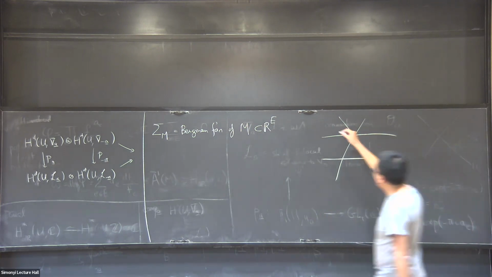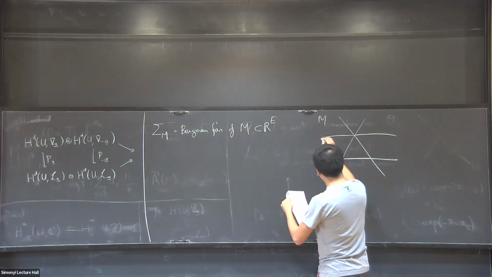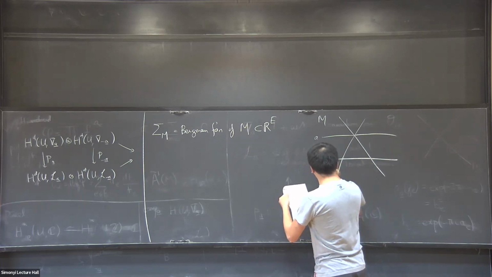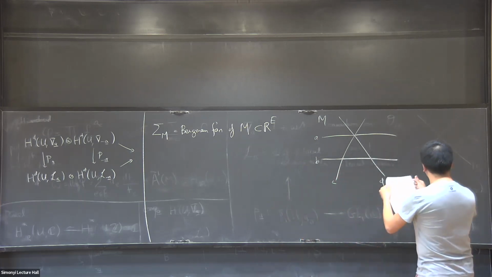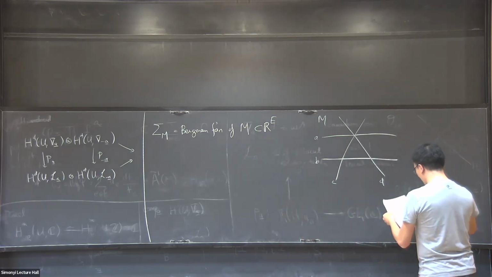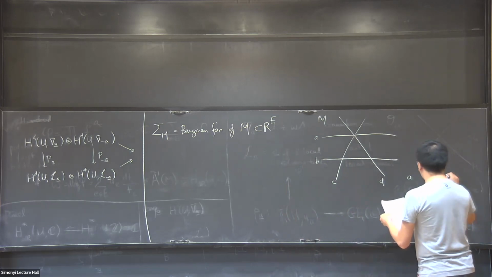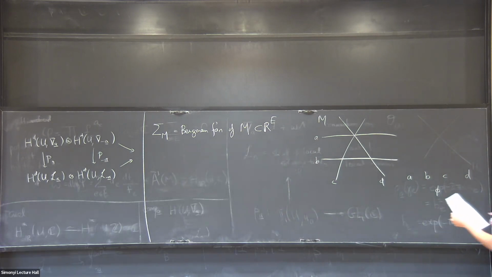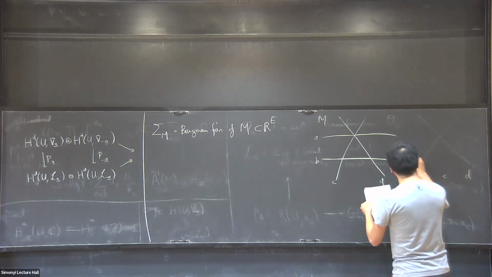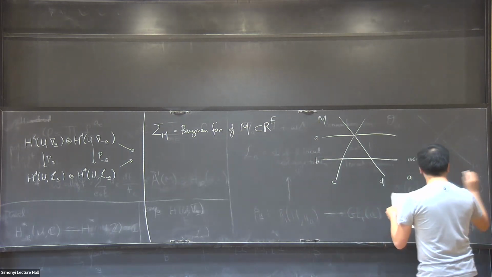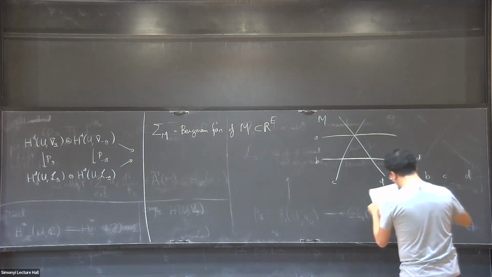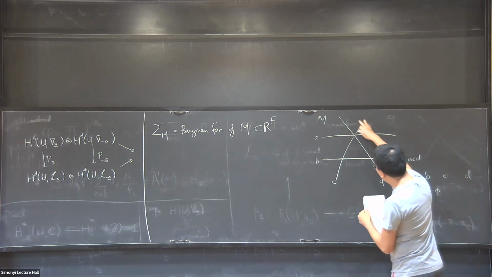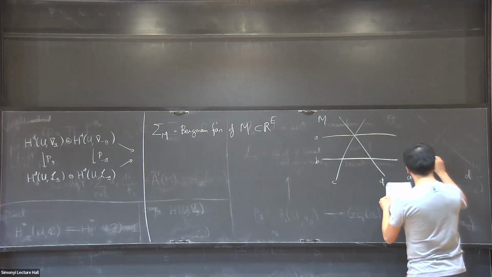The matroid corresponding to this is M, and then there's the lattice of flats of this matroid. Let me draw it over here. There is the line at infinity, which we could picture as a projective arrangement and not include it.